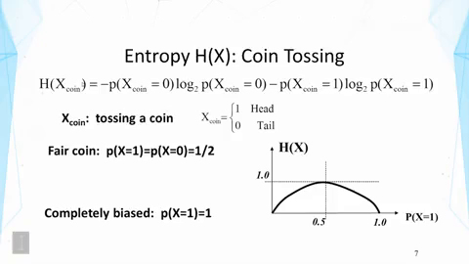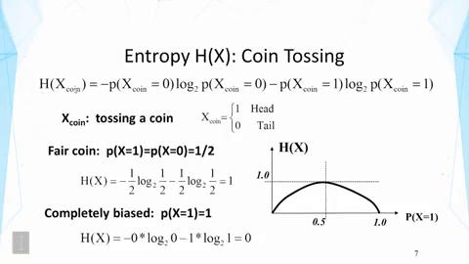Now let's think about the entropies in the two cases. If you plug in these values, you can see the entropies would be as follows. For a fair coin, the entropy reaches its maximum, that's 1. For the completely biased coin, it's 0.